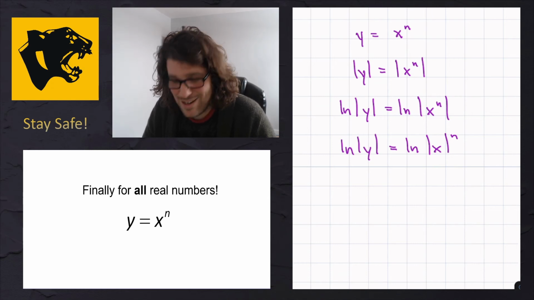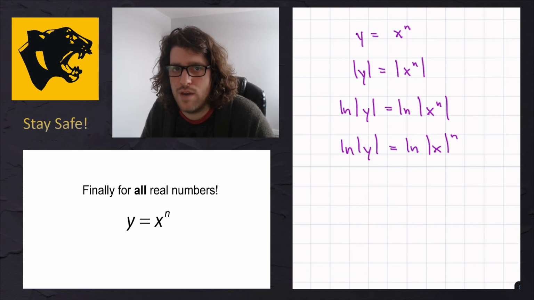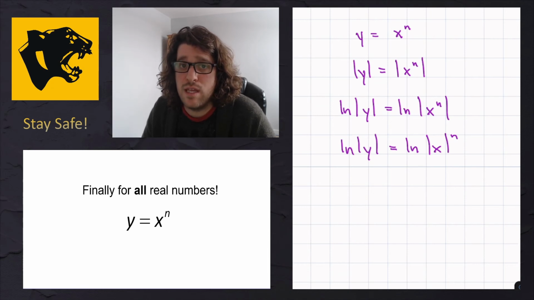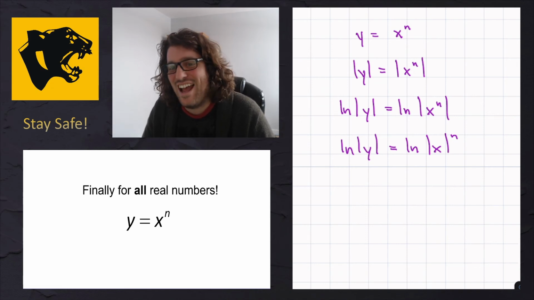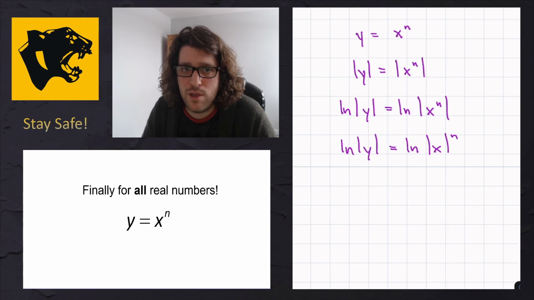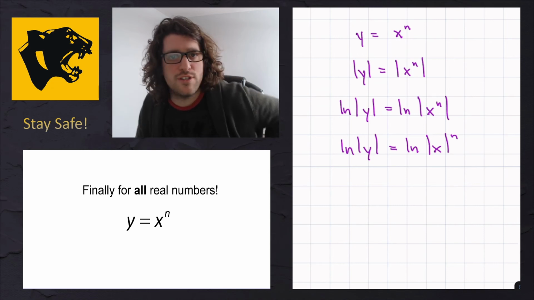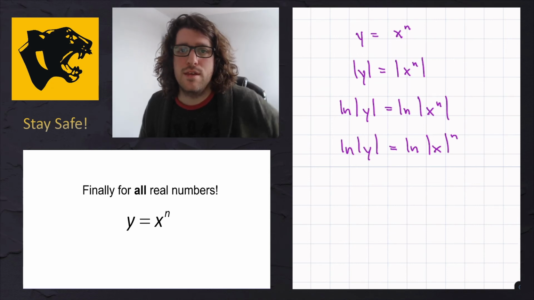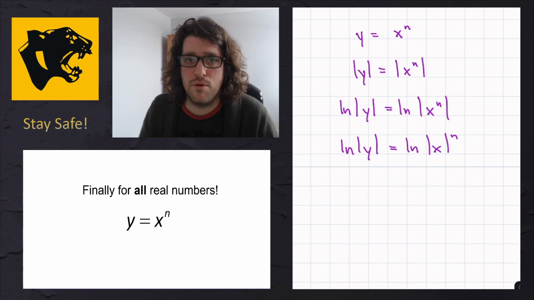On my next line, I instead have a x inside of an absolute value. So if the x is positive, then it remains positive. If the x is negative, or sorry, it becomes positive. And then I'm going to apply the power on it afterwards. Since the x has been turned into a positive before the power is applied, the result has to be positive in both cases.